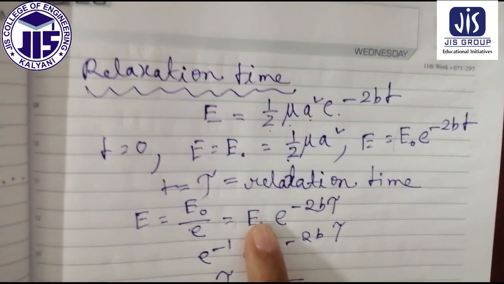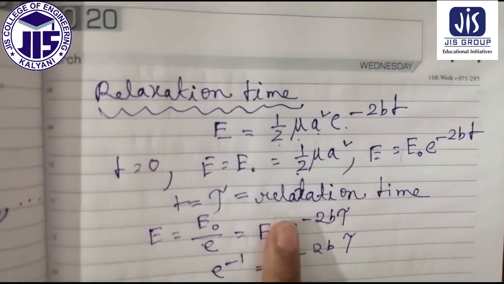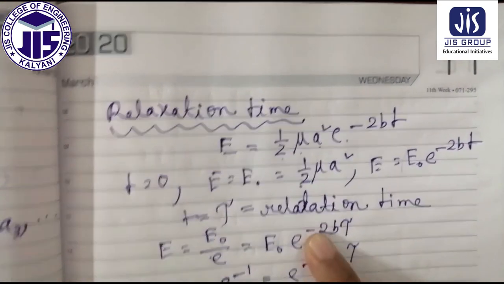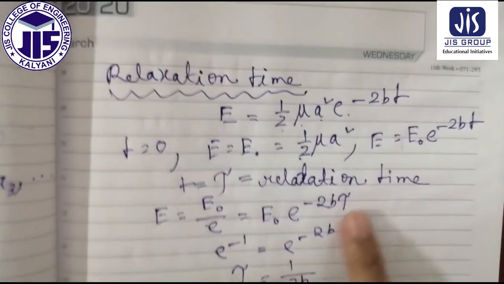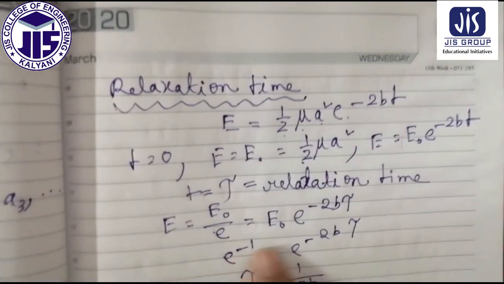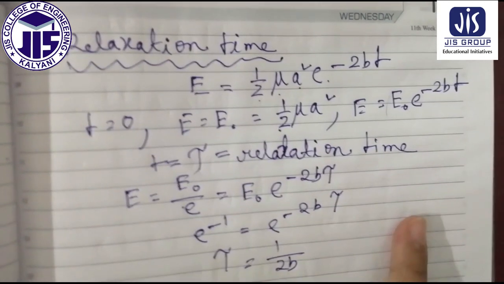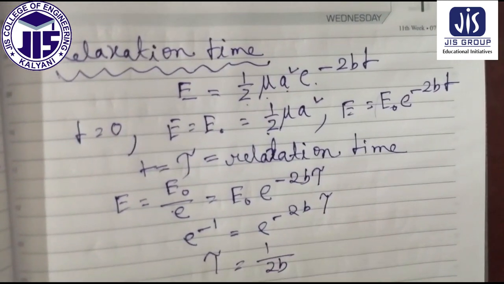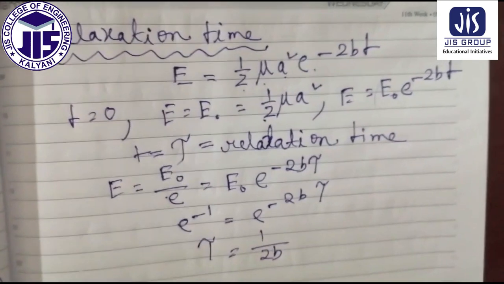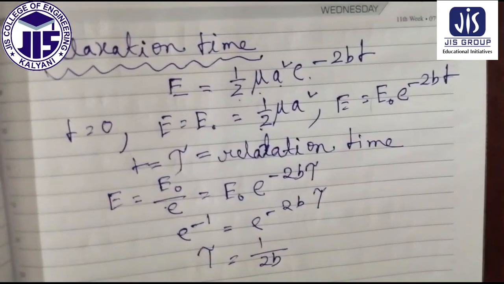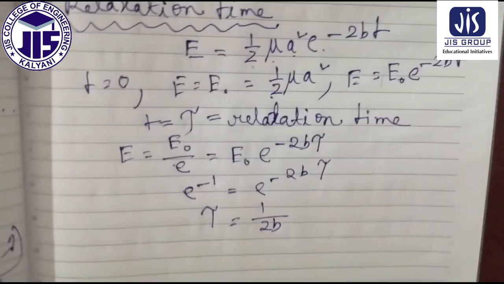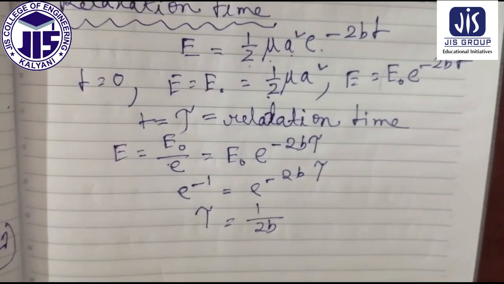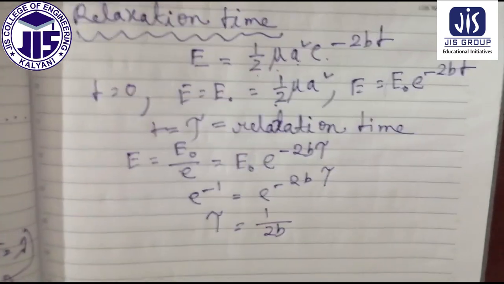So we can write E0 e to the power minus 2b tau. Therefore e to the power minus 1 equals e to the power minus 2b tau, so tau equals 1 by 2b. This is the expression of the relaxation time. If we know the damping constant b, then we can get the corresponding relaxation time.